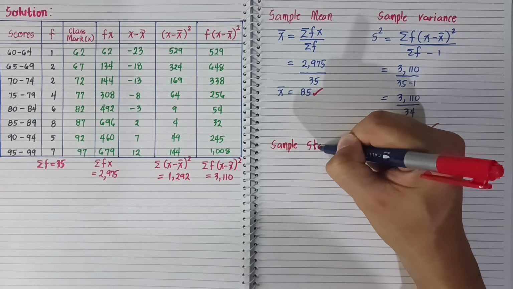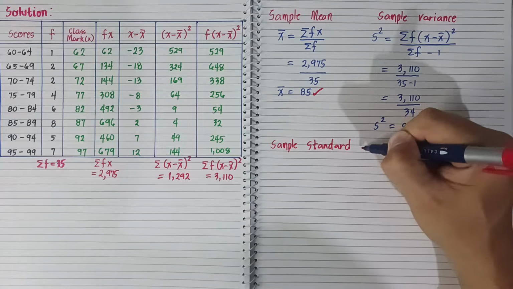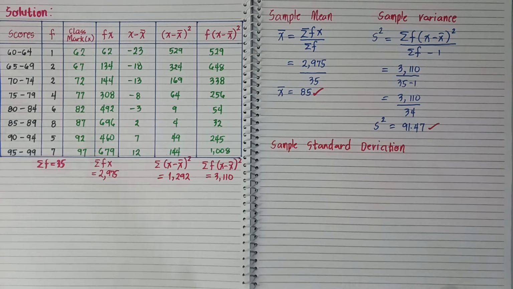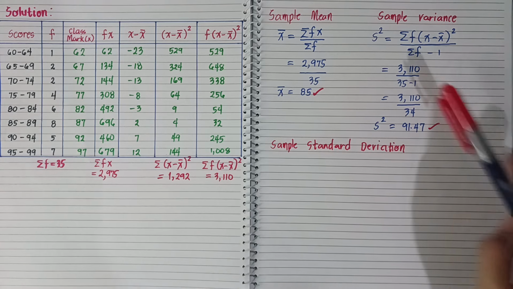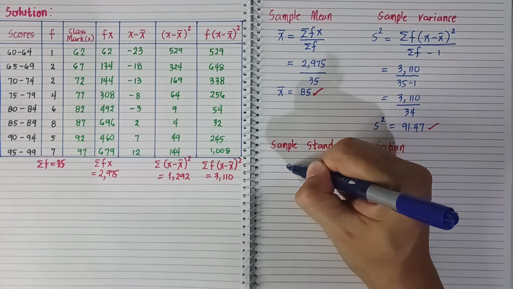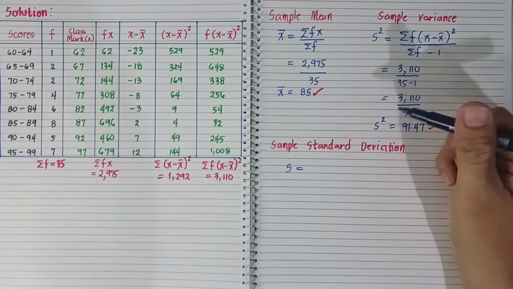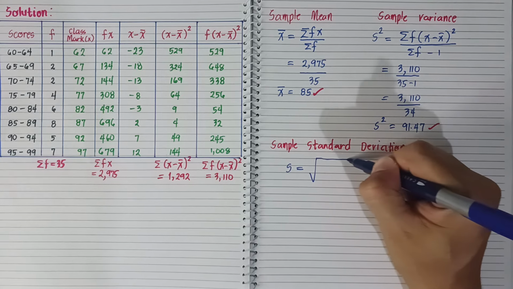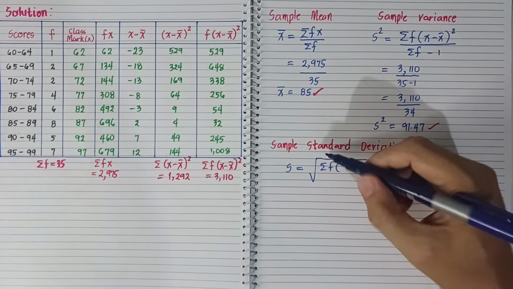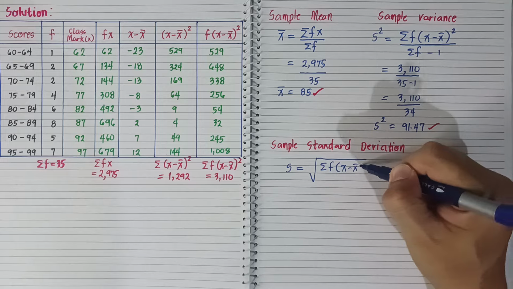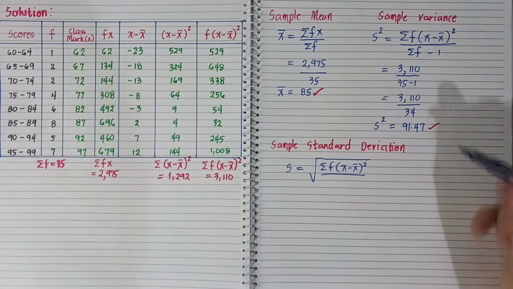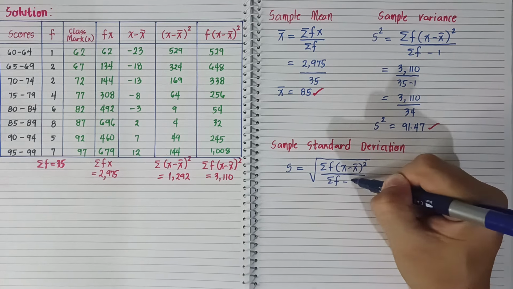Sample standard deviation. So what do we know about sample standard deviation? So get the square root of the sample variance, and the formula is given by S is equal to, ayun yung pinagkaiba nila guys, square root of summation of f times x minus x bar, close squared, and then summation of f minus 1.